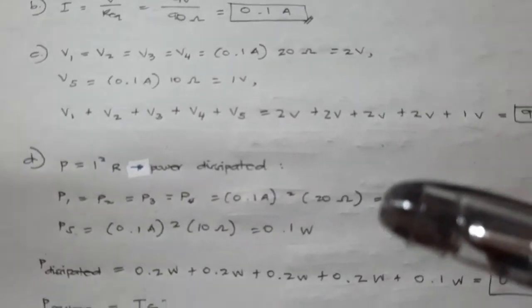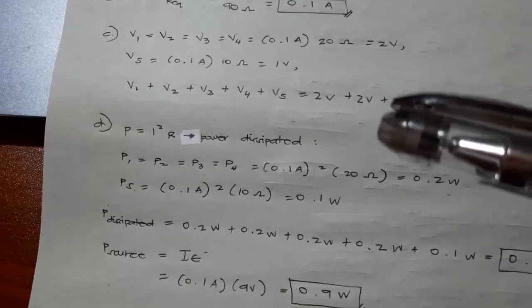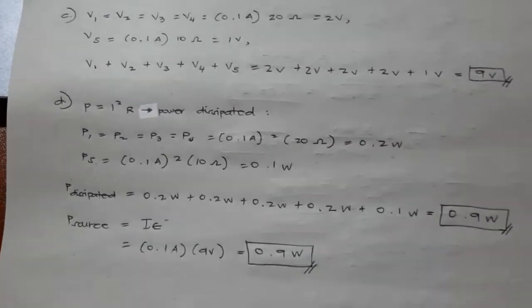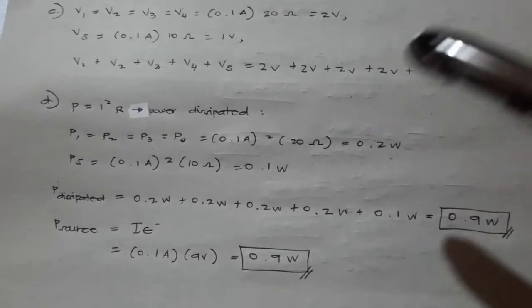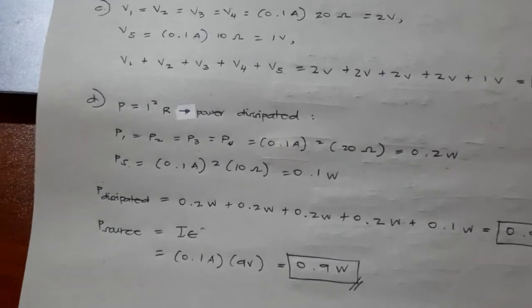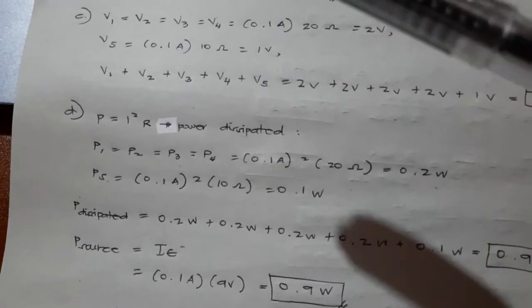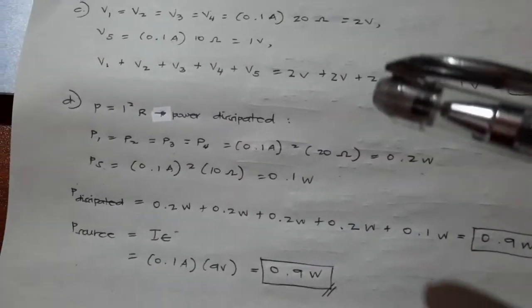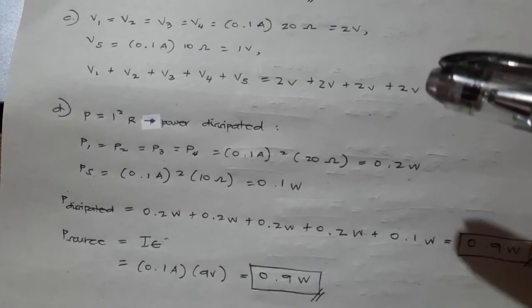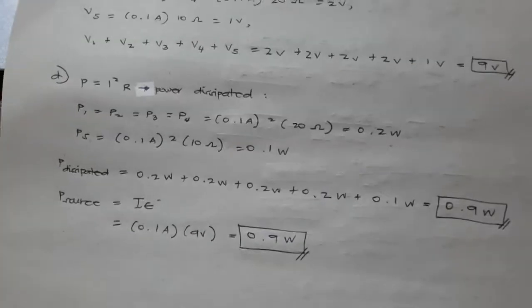So next the letter D. The power dissipated by a resistor is P is equals to I squared R, and the power supplied by the battery is equal to P equals to IE. So P equals I squared R is the power dissipated. Then P1 is equals to P2 equals to P3 equals to P4 equals to 0.1 ampere squared times 20 ohms, which equals to 0.20 watt.